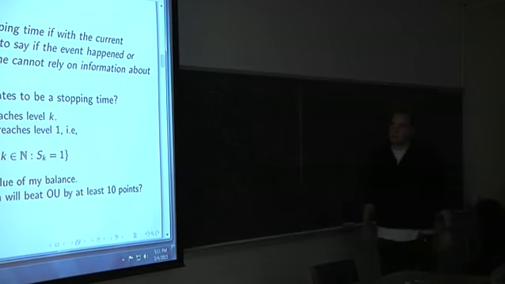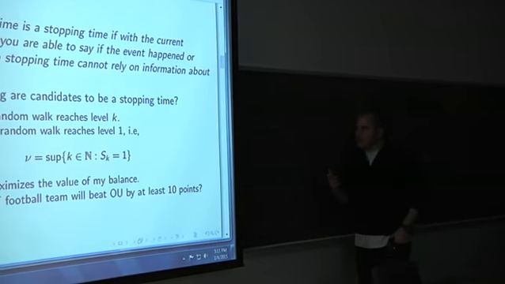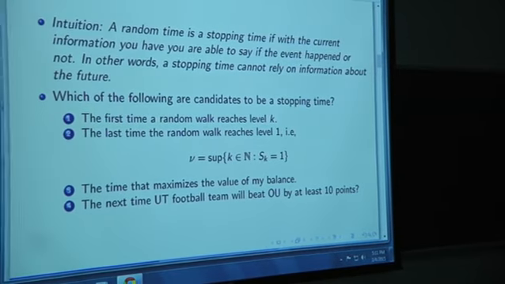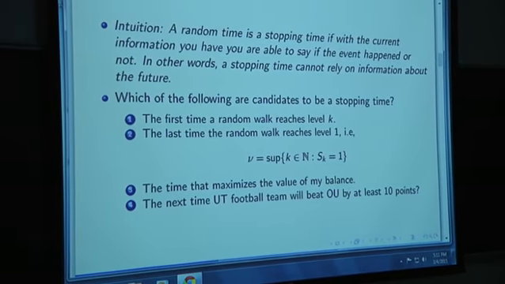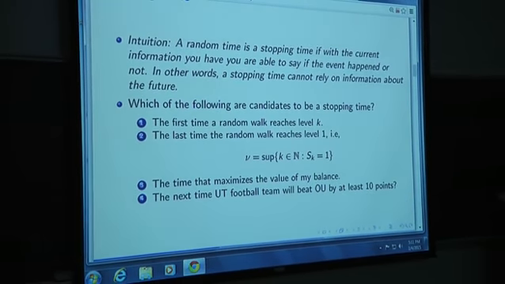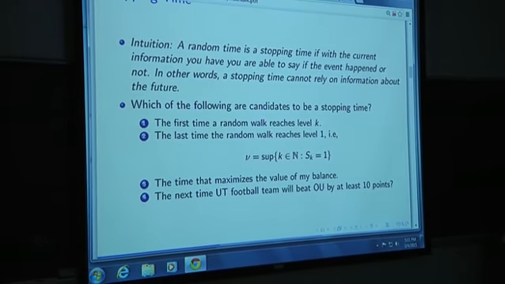Thank you very much. So a random time, just like, for example, n, is a stopping time if all I need to know if it happens is information that I have either now or in the past. So I cannot go into the future to figure out if my random time has happened or not.